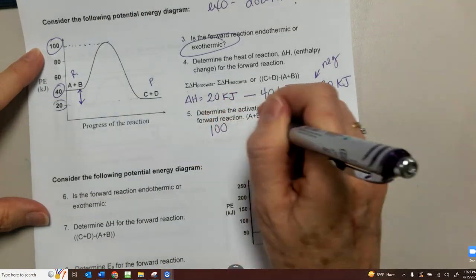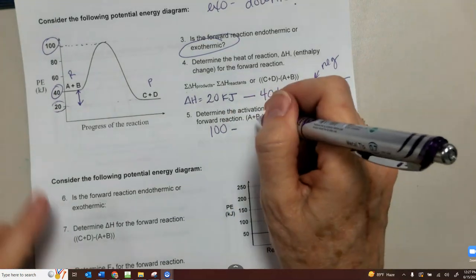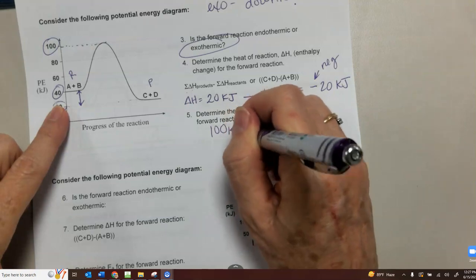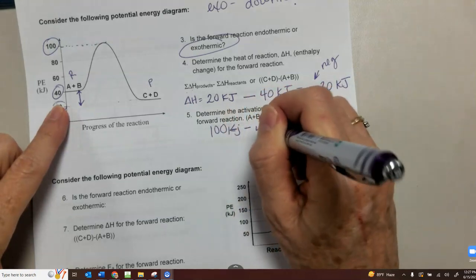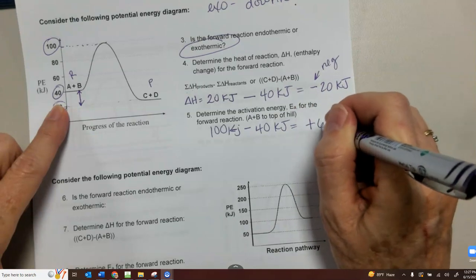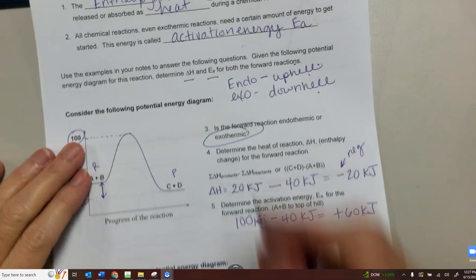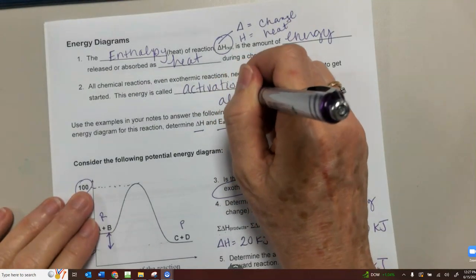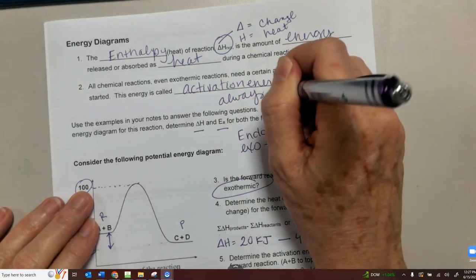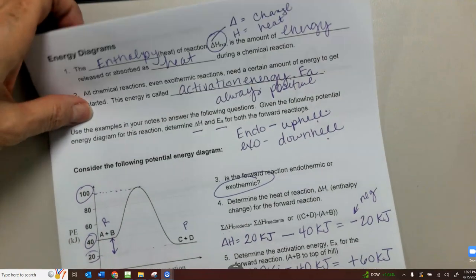So top of the hill minus the energy of my reactants, I'm going to put kilojoules there, and I get positive 60 kilojoules of energy. Okay, activation energy is always positive. So don't do it the other way around, okay?